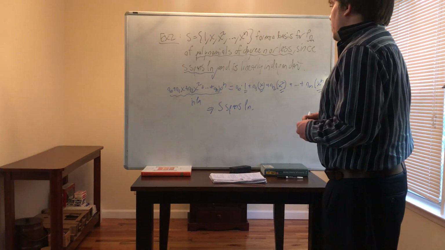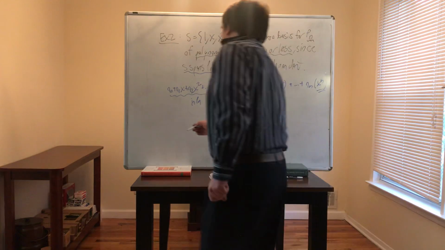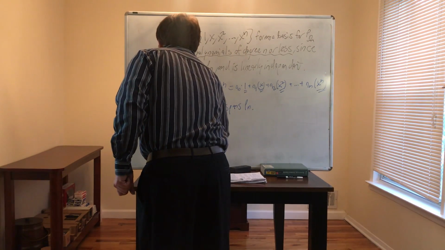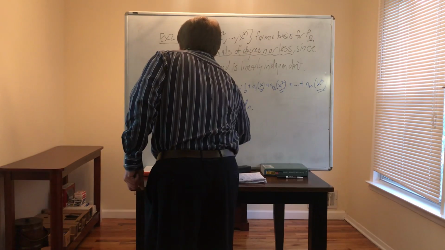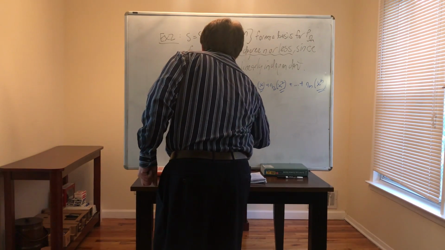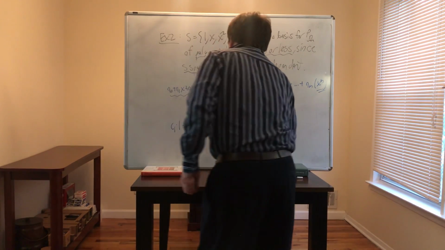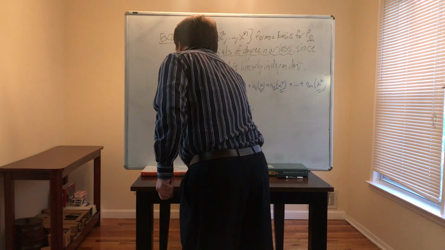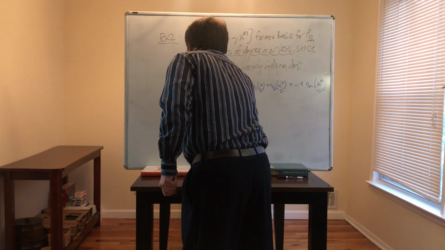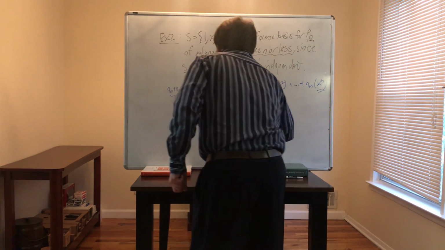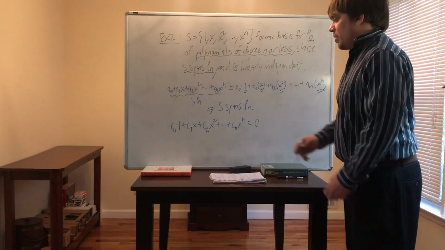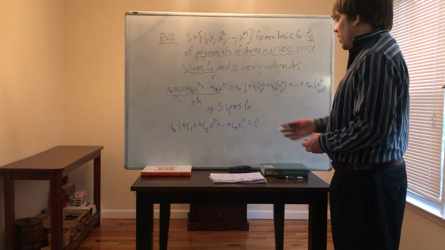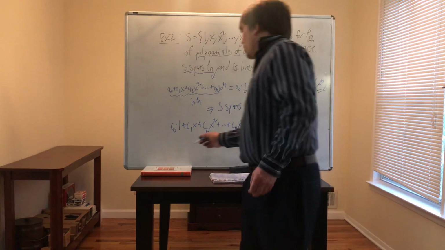And that's linearly independent because the only solution to the equation c naught times 1 plus c1 times x plus c2 times x squared plus dot dot dot plus c sub n x to the n equals 0, the only values of the c's that would make that 0, is if every term is 0.